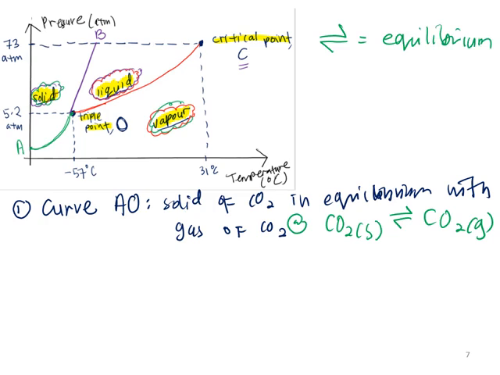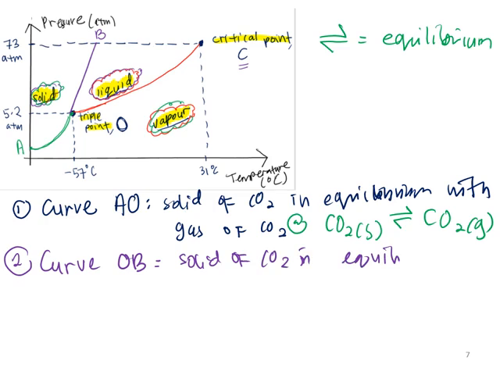Okay, next kita tengok pula curve yang kedua. Katakanlah saya nak buat curve yang kedua adalah curve yang warna purple tu. Second curve adalah curve OB. Nak label BO pun sama je, tak kisahlah. Cuba tengok base diagram awak di atas. So, solid of CO2 in equilibrium with liquid of CO2.